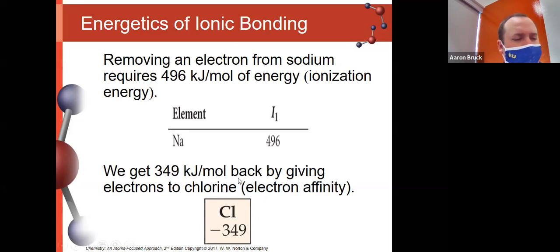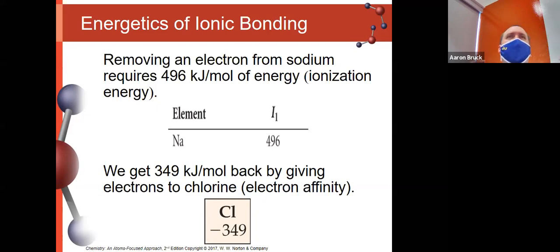We also know that according to the electron affinity of chlorine, chlorine will give back 349 kilojoules per mole of energy when it grabs that electron.